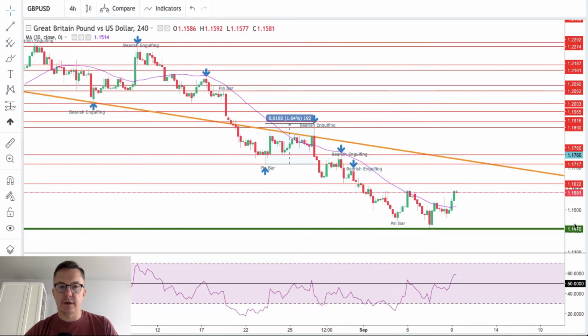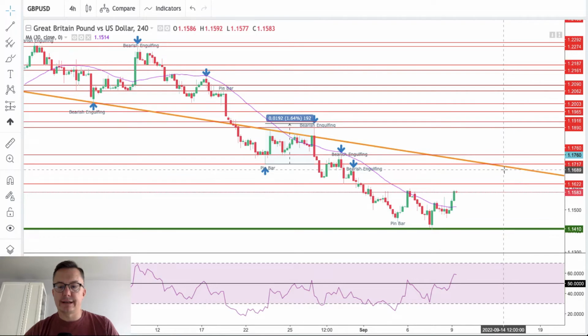The 240 minutes or 4-hour chart of the pound is showing us some sort of a bounce. We hit the level of 1.1410 just as expected. We have a bullish engulfing here and might consider higher prices for the pound in the nearest future. 1.1622 is the next target.